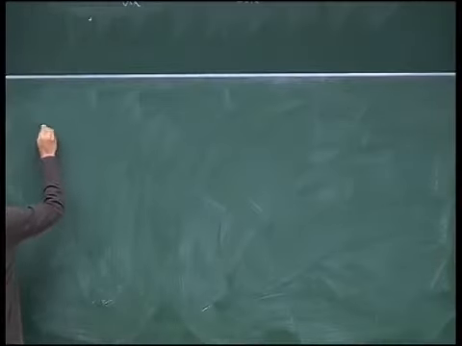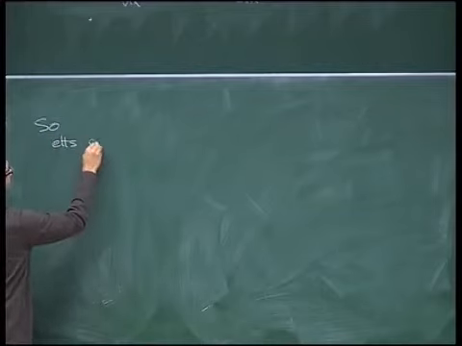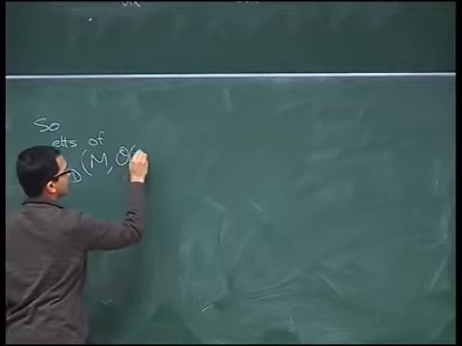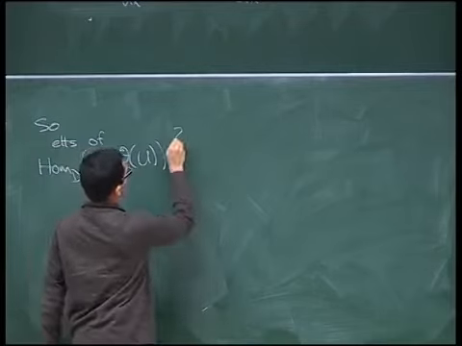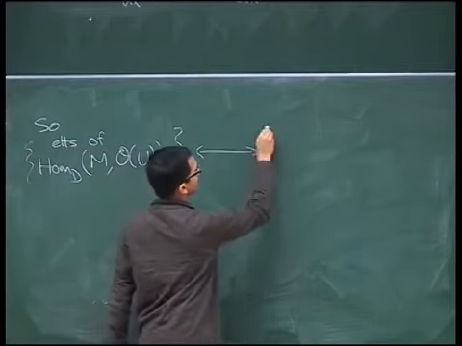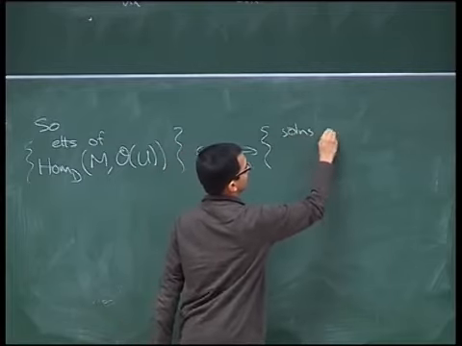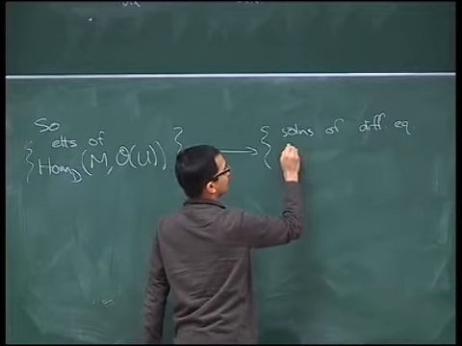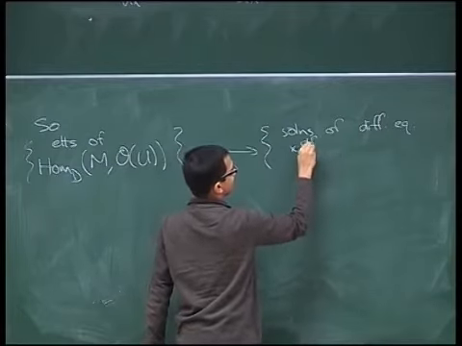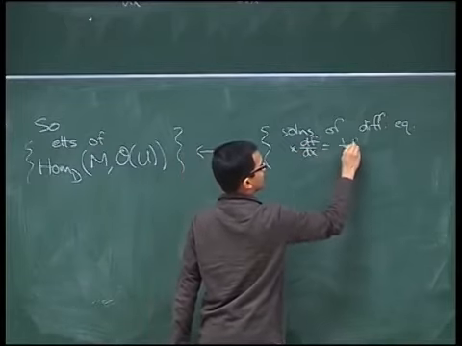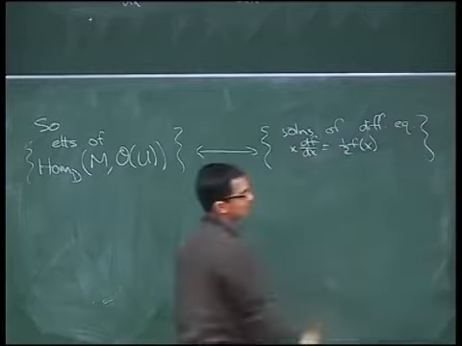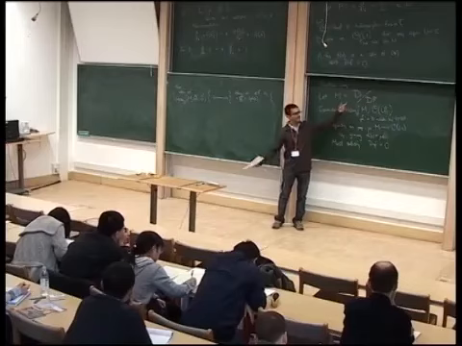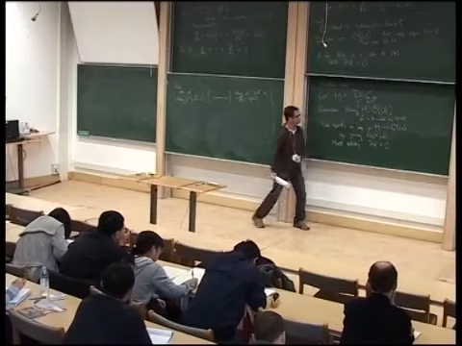In other words, elements of this Hom group, Hom_D(M, O(U)), are exactly the same as solutions of the differential equation x df/dx equals 1/2 f of x. So if I have a solution to that differential equation, then I can define a map like this, and conversely, if I have a map, I can pick off mu of 1, and that's a solution.